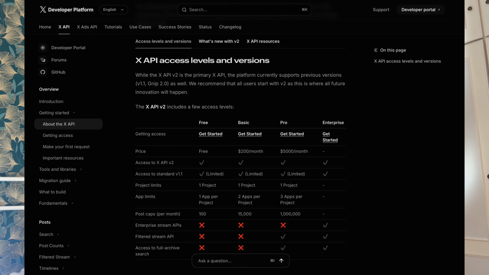And finally, there is the pro tier at $5,000 per month. Yep, $5,000 every single month. For big enterprises, that might be possible, but for small or mid-sized startups, independent developers, or even marketing agencies trying to build lightweight integrations, it was completely out of reach.